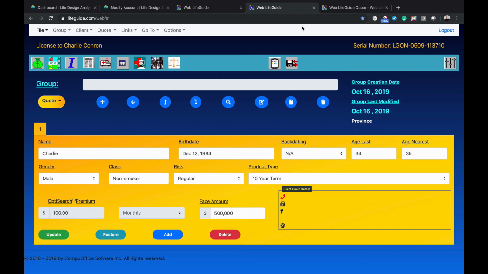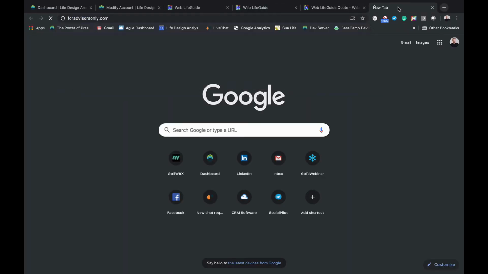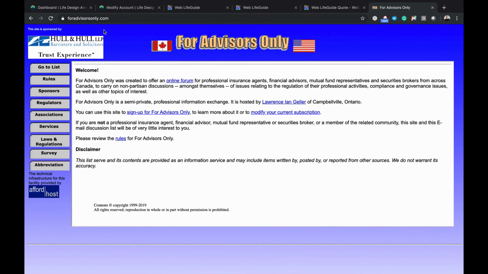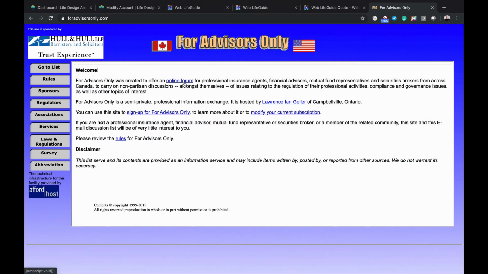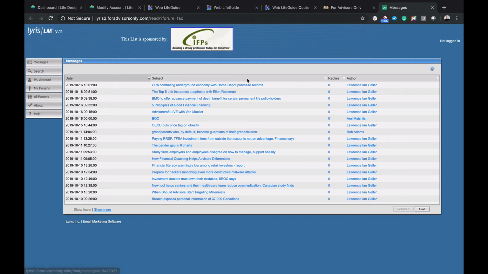One other thought that's occurred to me when you mentioned the release of LifeGuide Web: you mentioned it's for advisors only. Just want to draw attention to FAO, For Advisors Only, as well. If you're an advisor and not familiar with this fantastic forum that we are proud to sponsor, LifeGuide as well as Life Design Analysis, it's great for increasing knowledge and finding life insurance life hacks, best practices, tips and trends.